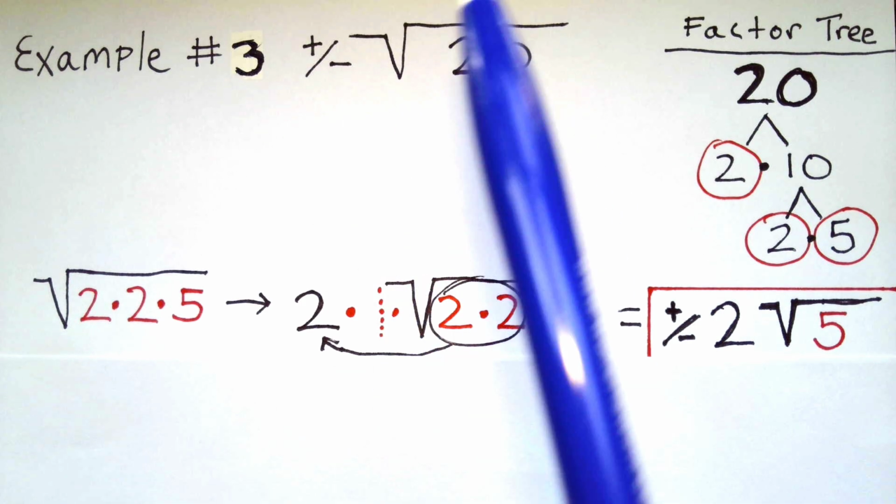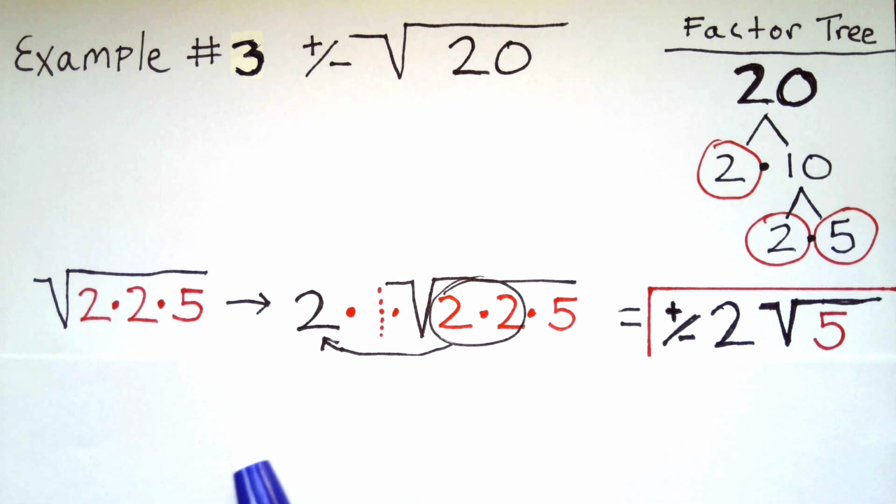Here it was 20. So stick around for part 6 and part 7 as I slowly show you how to use a calculator and manually at the same time how to simplify these radicals or square roots.